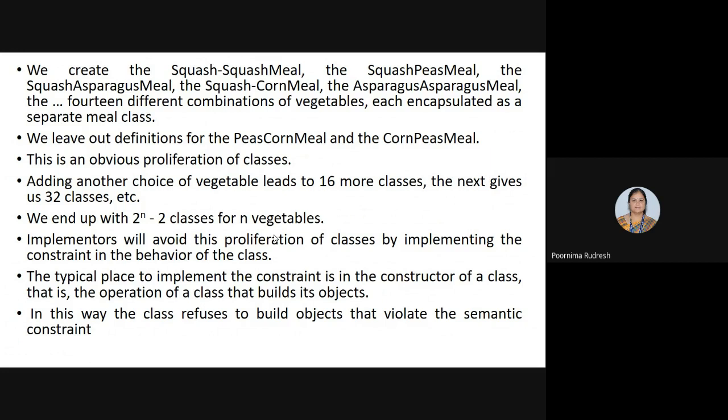By implementing the constraint in the behavior of the class itself. So if the constraint is implemented in the behavior, we can avoid the proliferation of the classes problem. Then where can you implement this constraint? The best place to implement the constraint is in the constructor of a class.